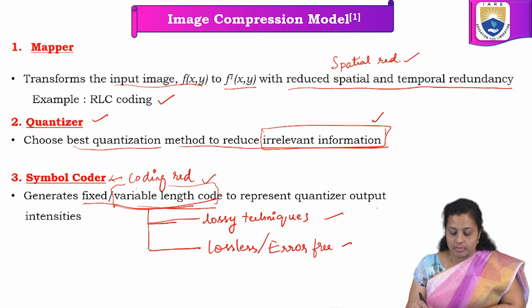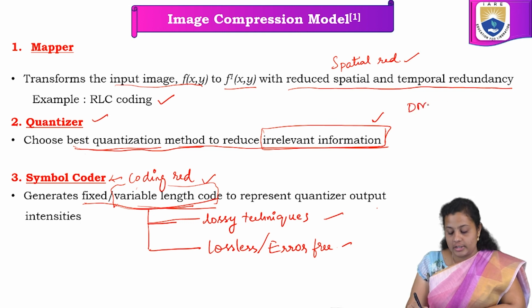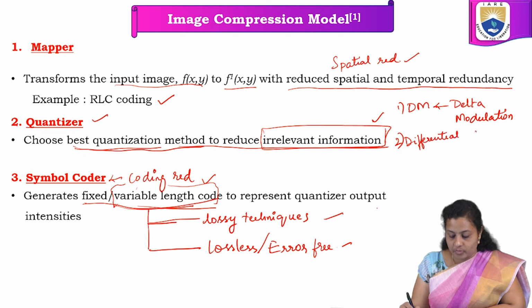Here, for quantization, we have to choose the best quantization method. The quantization methods we mostly use here are delta modulation, let me write it here, and the second one is the differential pulse coding technique.